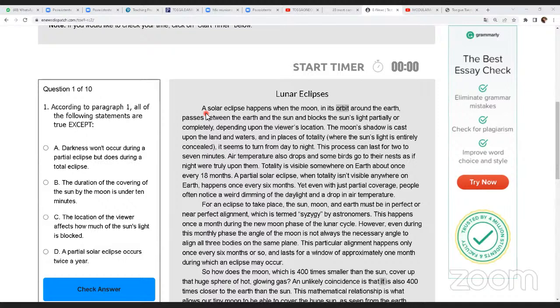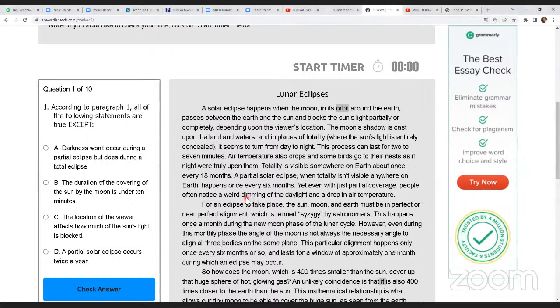Air temperature also drops. The birds go to their nests as if night were truly upon them. Totality is visible somewhere on Earth about once every 18 months. A partial solar eclipse, when totality isn't visible anywhere on Earth, happens once every 6 months. Yet, even with just partial coverage, people often notice a weird dimming of the daylight and a drop in air temperature.